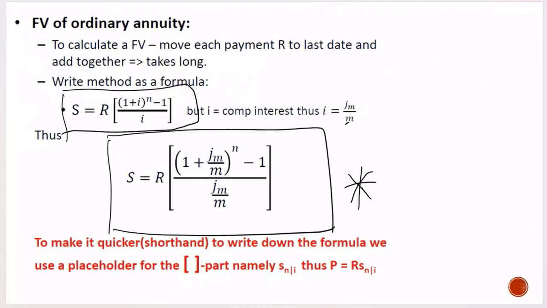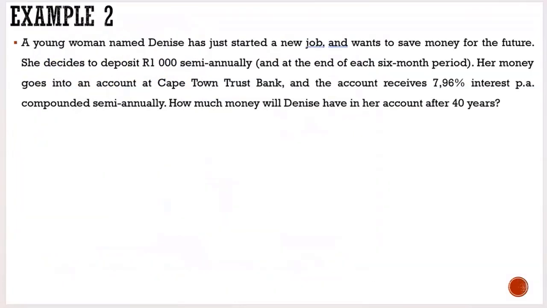This is the one for future value. Here is the story of this lady. Her name is Denise. She has just started a job, and she wants to save money for the future. She decides to deposit 1,000. What is important?